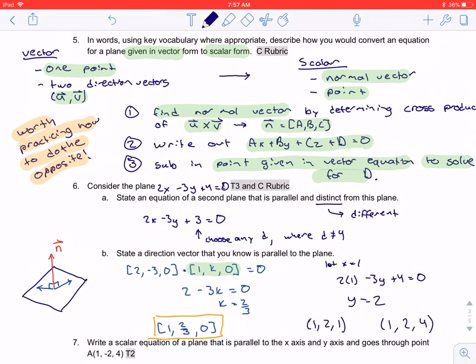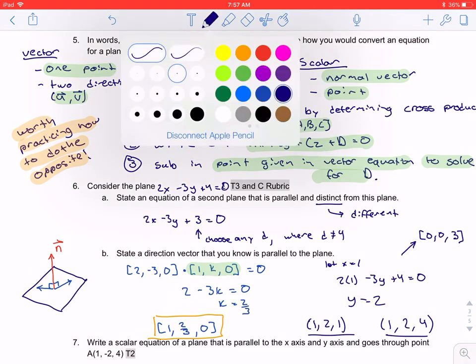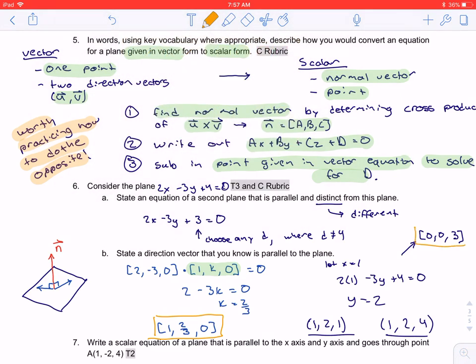When I have 2 points on the plane, to find a direction vector I can just subtract them. So another direction vector that would be parallel to the plane in this case would be 0, 0, 3. That would be another possible answer.